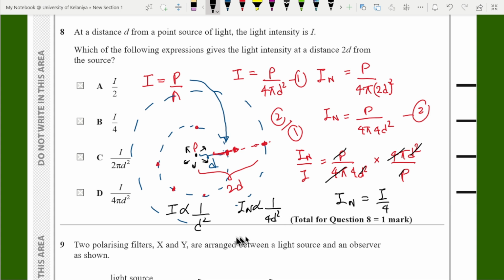If you divide these two, In over I is equal to I over 4, the same thing. So these 3 steps are enough, because we have to save our time. Then the answer should be B.